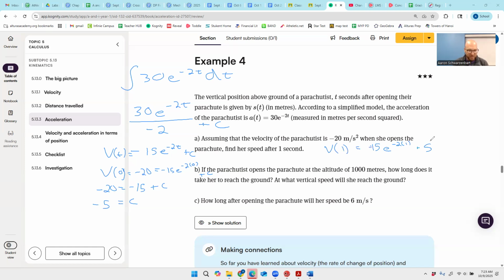It's not plus 5, it's minus 5. And I get v of 1 equals negative 7.03 meters per second. It's a velocity, so it's not seconds, it's meters per second.